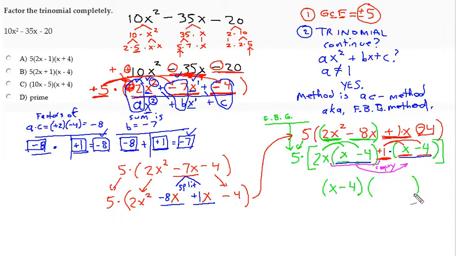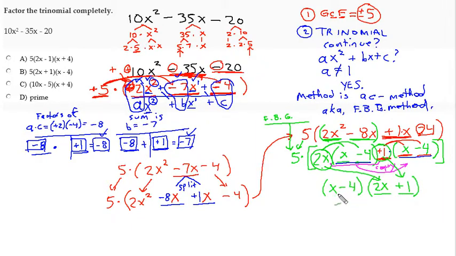It appears in two places. And since it appears in two places, we open up two blanks. First time we see x minus 4, it's multiplying a 2x. Second time we see x minus 4, it's multiplying a positive 1.